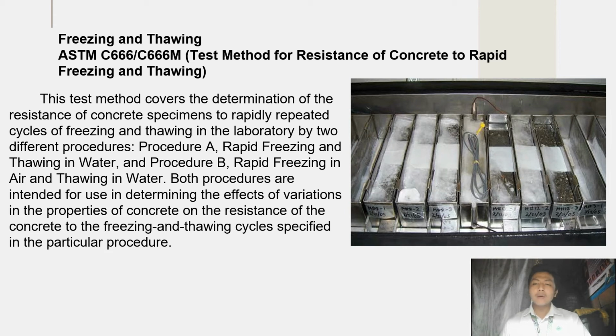So, we are using this test to determine natin yung resistance ng ating mga aggregate kapag nagkaroon ng rapid freezing and thawing. Mahalaga itong test na to para masiguro natin na yung mga aggregates na gagamitin natin is kayang mag-resist sa mga climate conditions. So, we have a video procedure on how freezing and thawing are demonstrated.